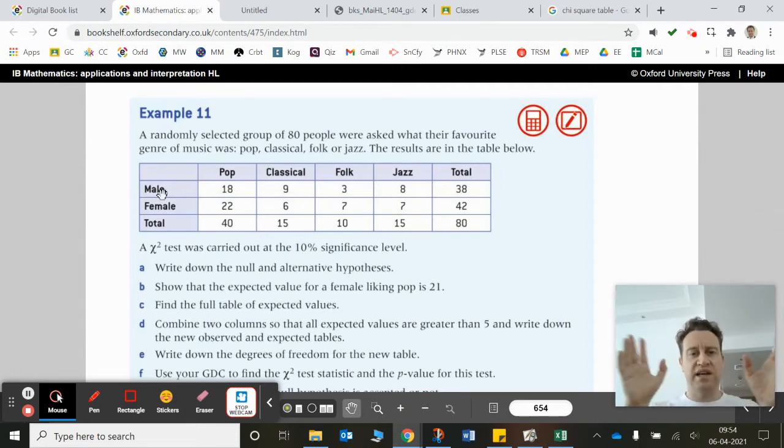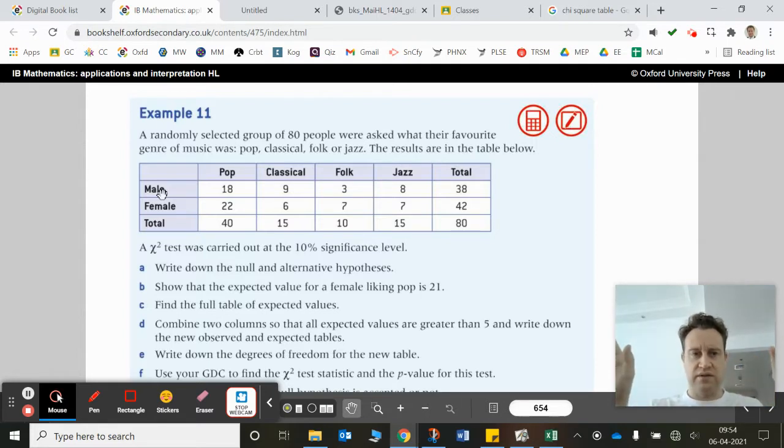What we're testing is whether or not the choice of favorite music genre is dependent on gender. So the null hypothesis is that these two variables are independent of each other, that whether you are male or female does not matter as to the choice of music that you like.